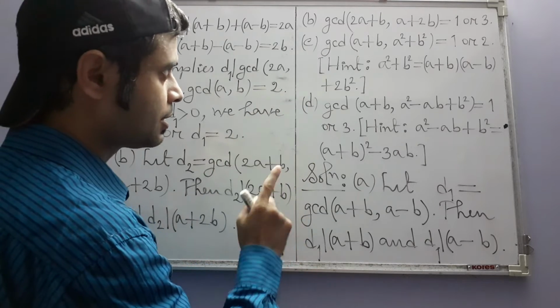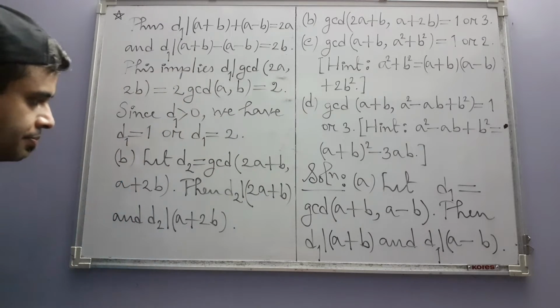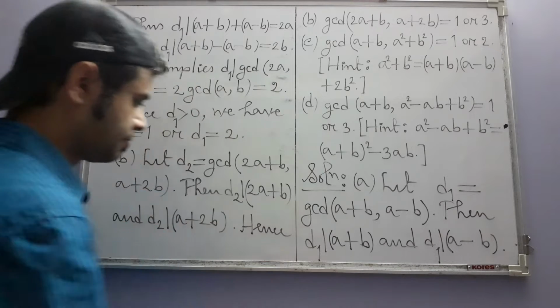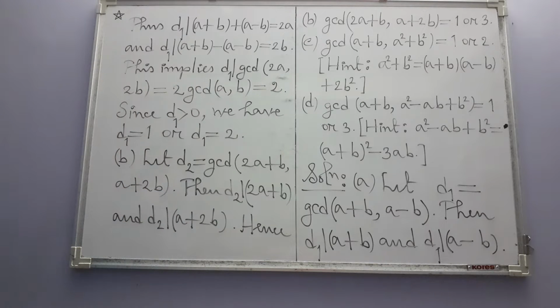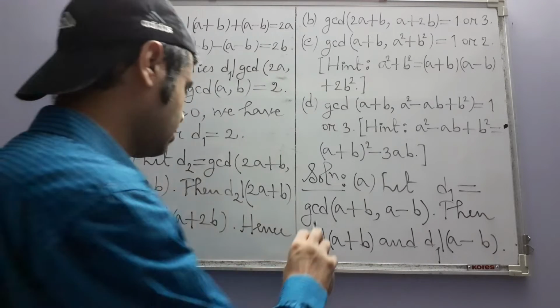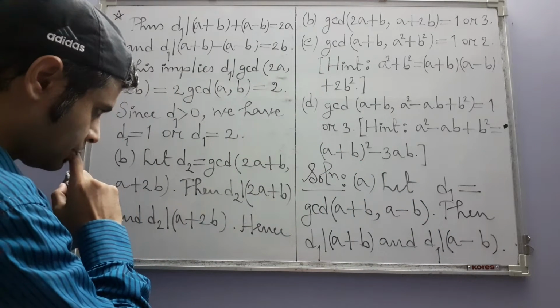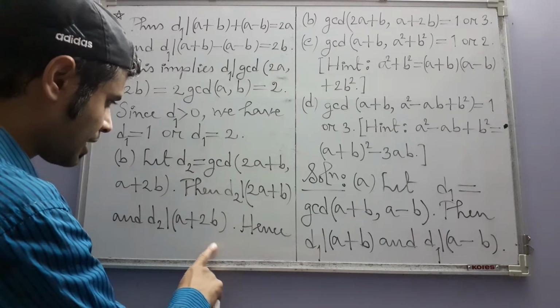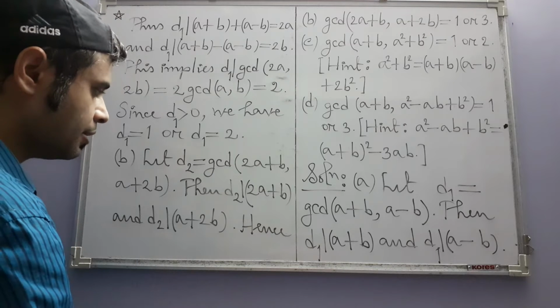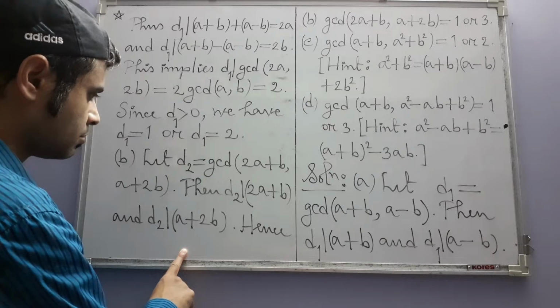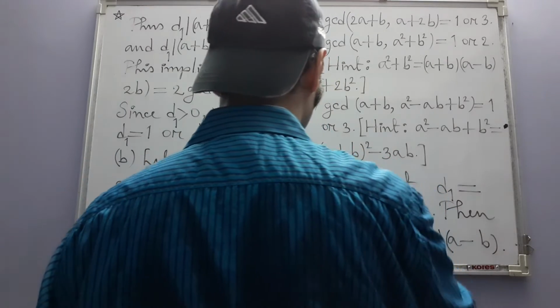That the GCD is either 1 or 3. Hence, here also we are going to take... well, shall we take the sum? The sum actually will not give us anything useful here. Let's see what we can do.